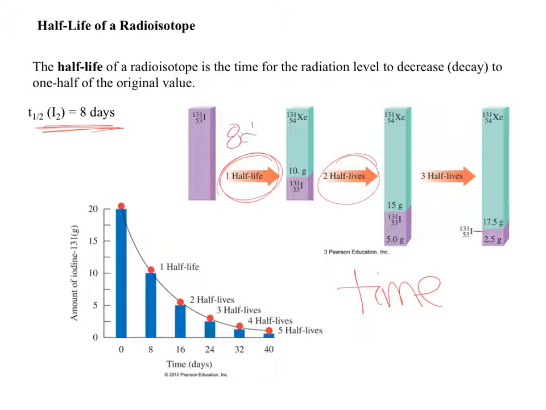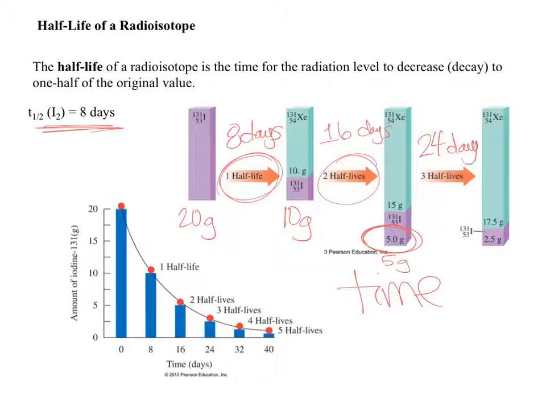So after 8 days, if I started with 20 grams of the reactant iodine, after 8 days, I'll only have 10 grams left. After another 8 days, or a total of 16 days later, that gets cut in half, and I only have 5 grams left. After another 8 days, which is a total now, 8 times 3 is 24, I only have 2.5 grams of reactant, unstable, radioactive iodine 131 left.